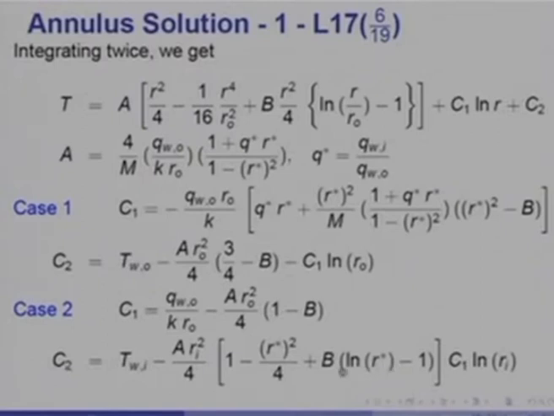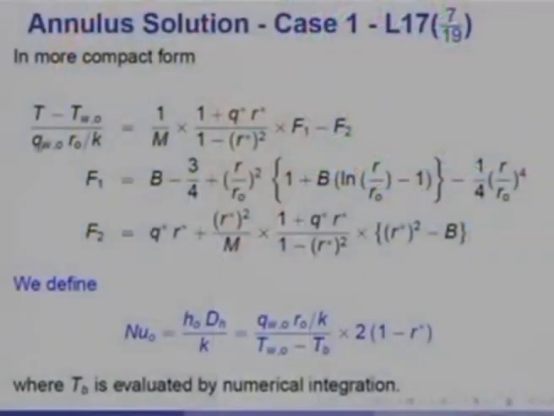So, mind you, these things require very careful algebra in order to avoid any errors. I can express the solution of the previous slide in a more compact form as T minus T wall O equals Q wall O R O by K, which has dimensions of temperature.